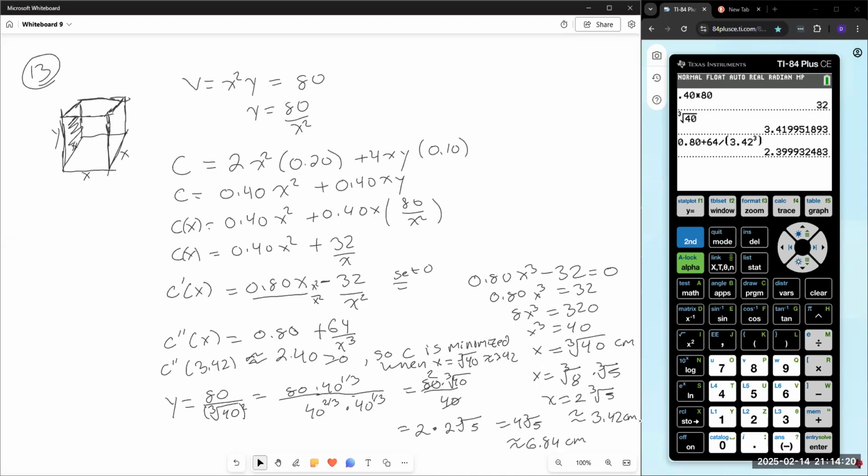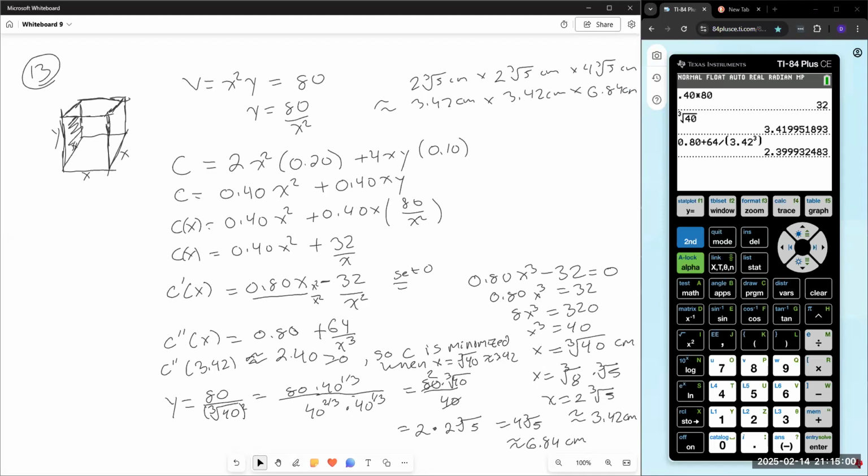So my dimensions are exactly 2 cube root of 5 centimeters by 2 cube root of 5 centimeters by 4 cube root of 5 centimeters, which is approximately 3.42 centimeters by 3.42 centimeters. That's my base, by 6.84 centimeters. That's my height.